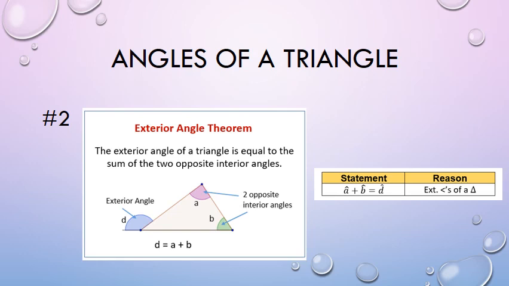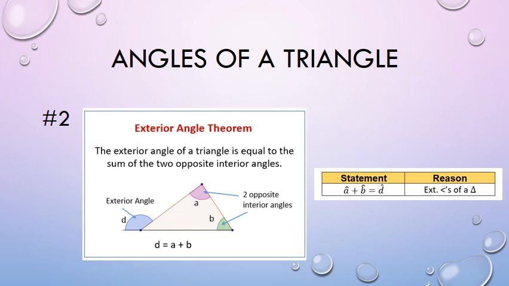So you must see that exterior angle D, which is indicated there as D, is equal to the opposite interior angles. So A and B added together will give you that exterior angle.